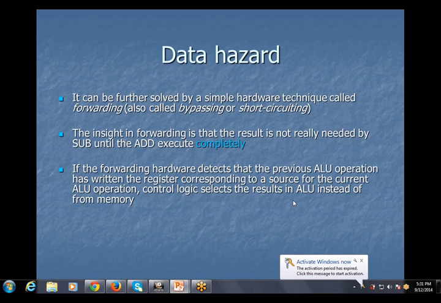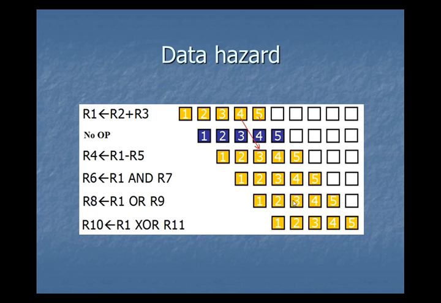If there is a delay from the memory, it uses only the ALU, that is the arithmetic and logical unit, for storing the data also. That is the solution for this problem.